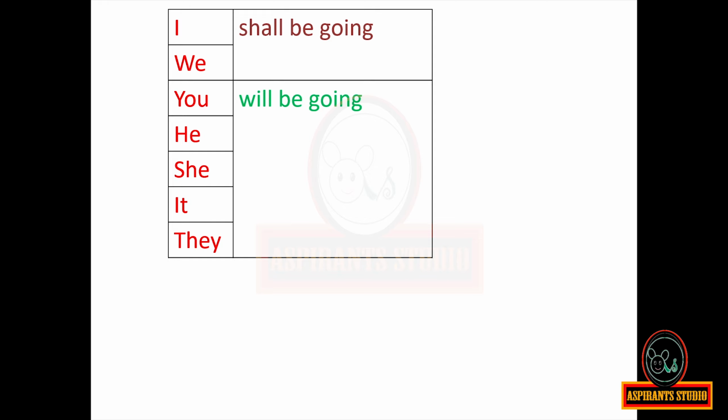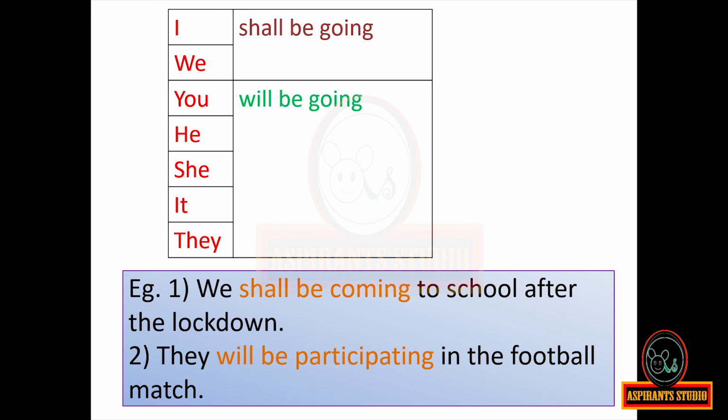Example, I shall be going, we shall be going, you will be going, he, she, it, they will be going. Example, we shall be coming to school after the lockdown. They will be participating in the football match.